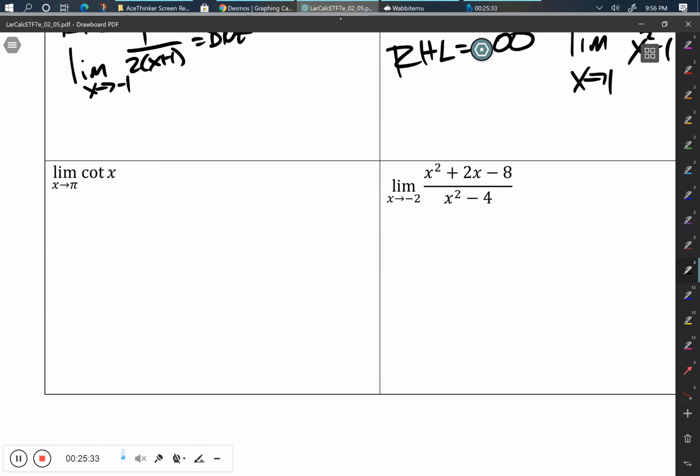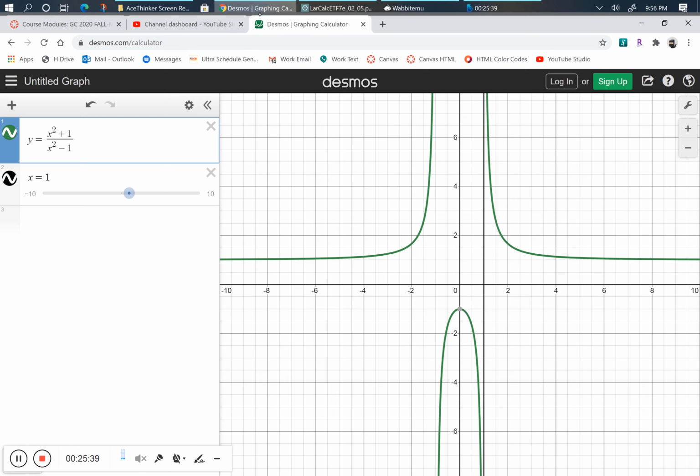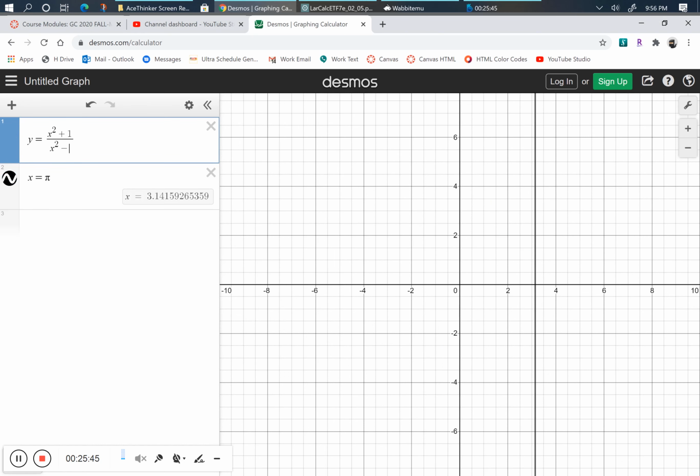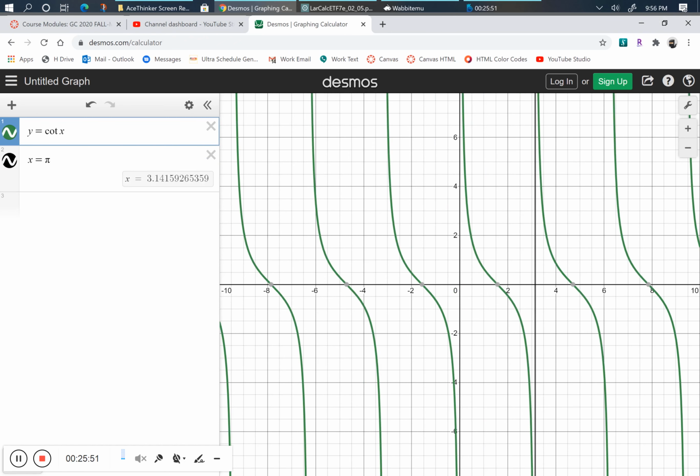Cotangent, as x approaches pi. I don't remember my cotangent graph, do you? So I'm going to go look at the graph over here. This is x approaching pi this time. And this needs to be cotangent of x.